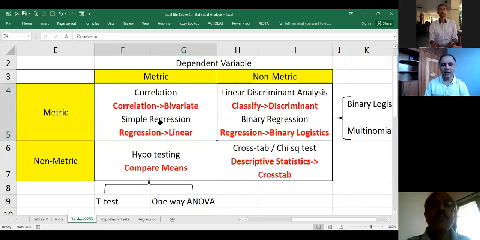Metric means simple regression. So last question, what is the difference between correlation and regression? If you have 2 variables and you have no idea who's dependent, who's independent, you start with correlation. When you have a precise idea, this is the correlate, this is dependent, this is independent, it's called regression.